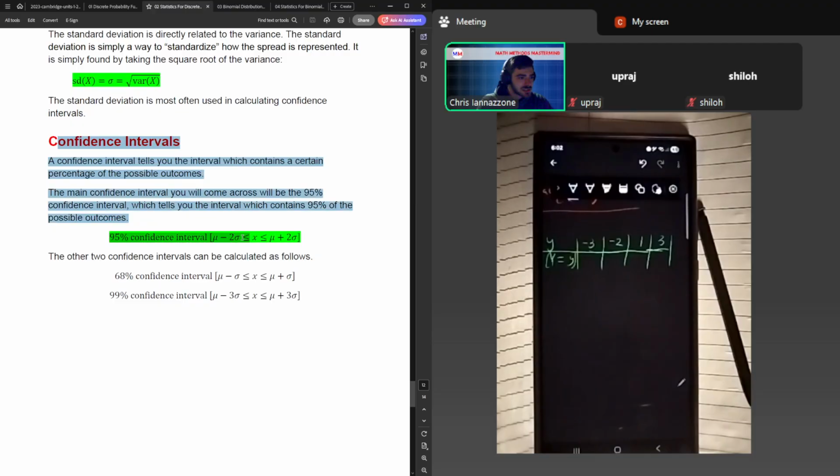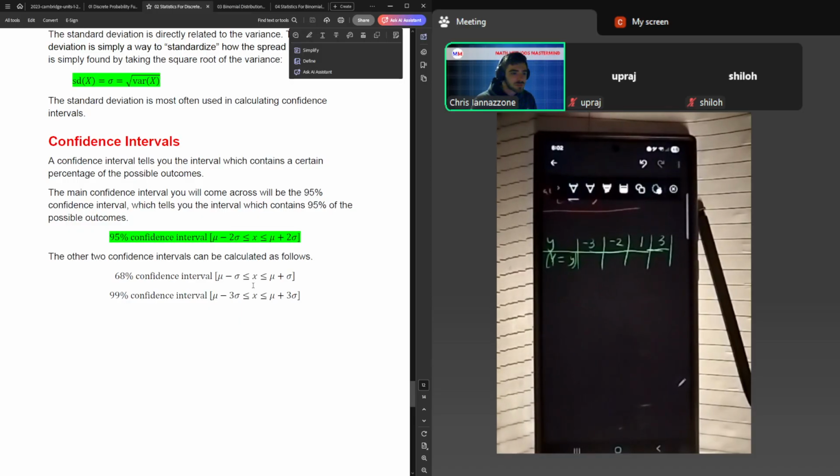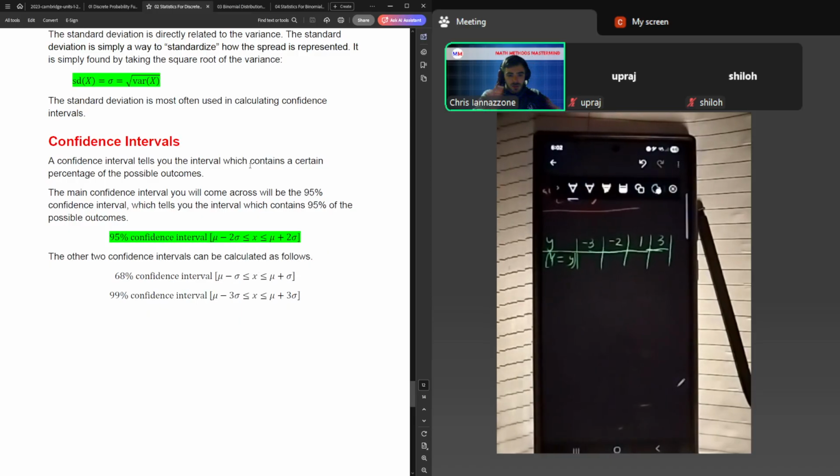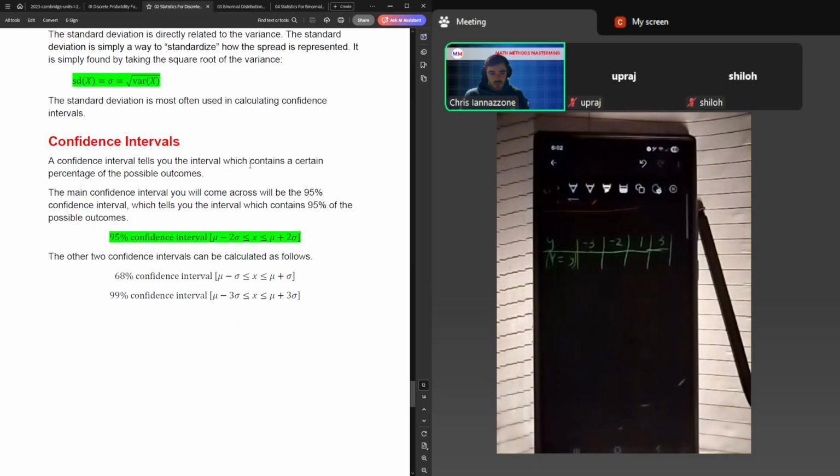Standard deviation is used in calculating what's referred to as confidence intervals, which tell you the percent likelihood that your outcome is going to fall between plus or minus some number of standard deviations. So remember, standard deviation is a measure of spread. When you plus or minus standard deviation from the middle, it gives you a sort of upper and lower bound of where your outcome is likely to be.